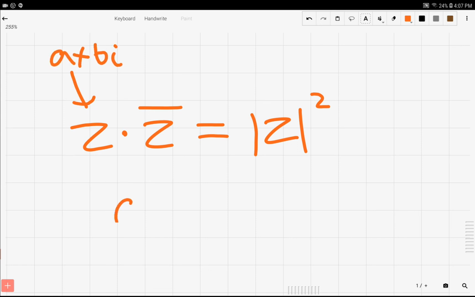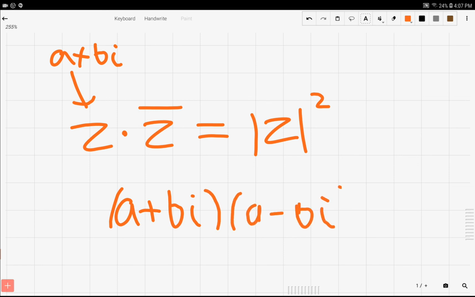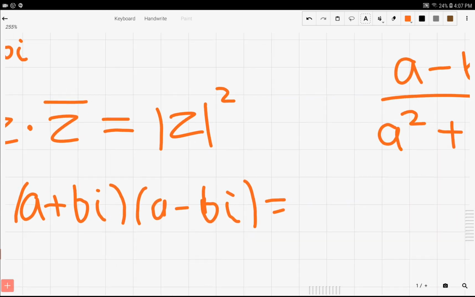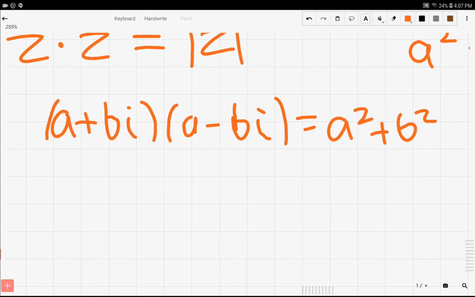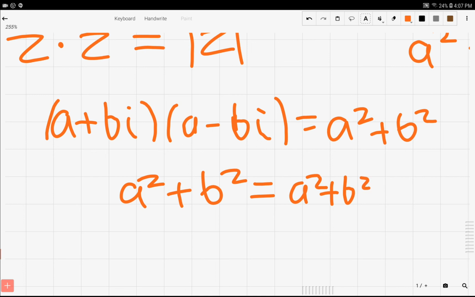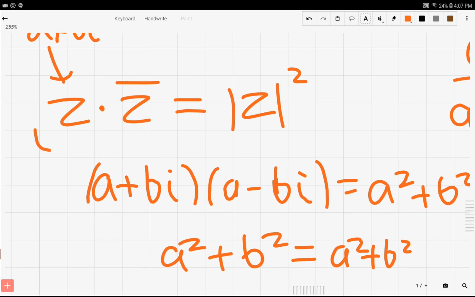So we have a plus bi times a minus bi is a squared plus b squared. And in this case, it is true because of difference of squares. So this just becomes a squared plus b squared is equal to a squared plus b squared. Now, keep this in mind because it is pretty useful.